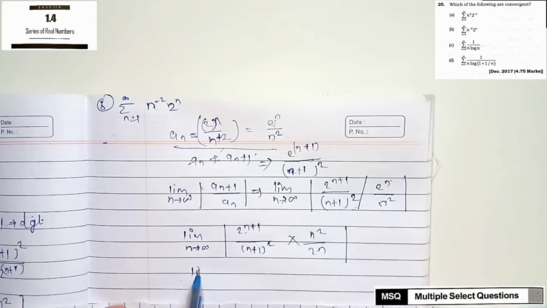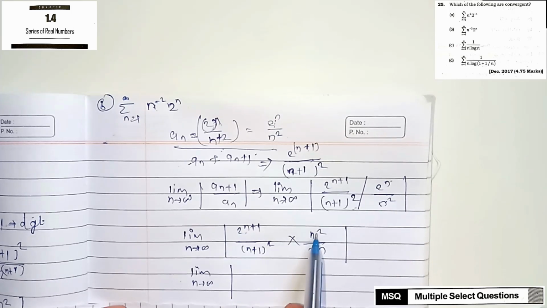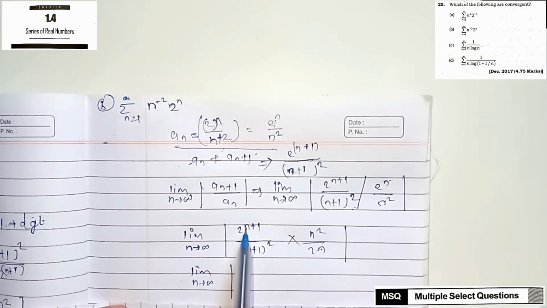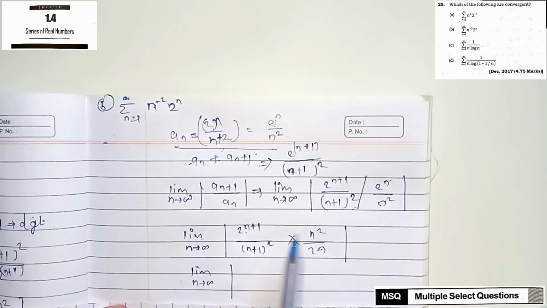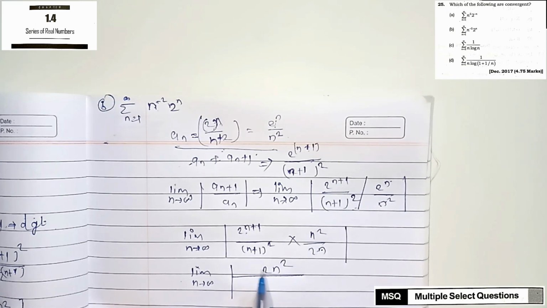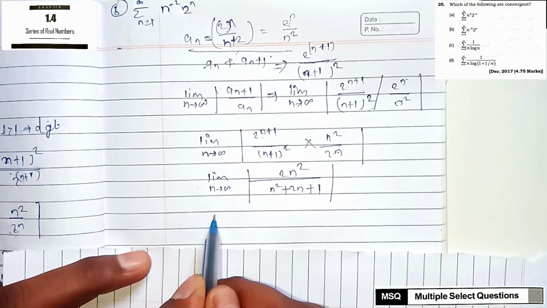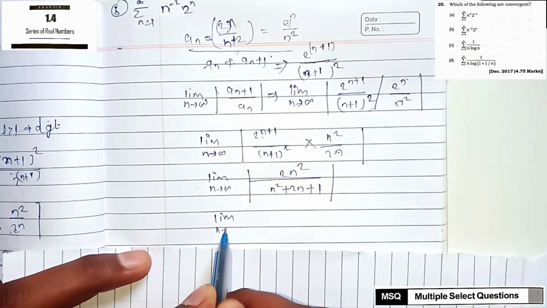So we'll get the limit as n tends to infinity under bracket: the 2 raised to n terms get cancelled, and here we are left with 2 times n square upon (n plus 1) bracket square. That means a square plus twice of ab plus b square, this is the expansion. To cancel n square, we will get only the value similar to the previous option.